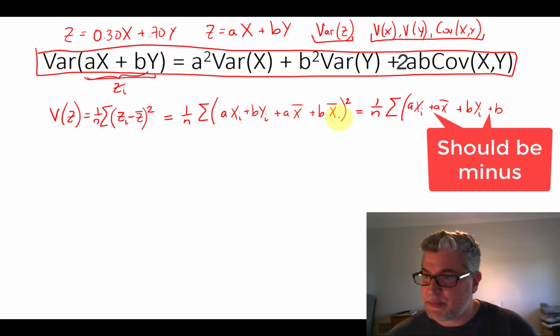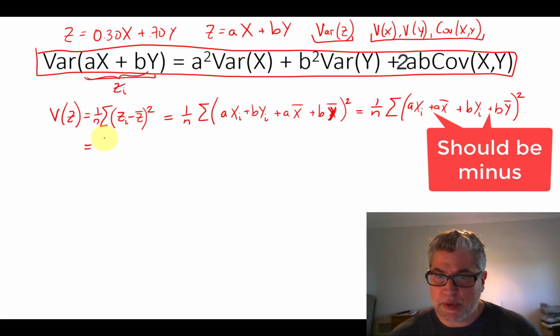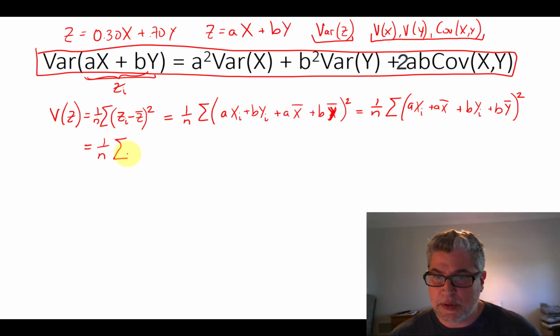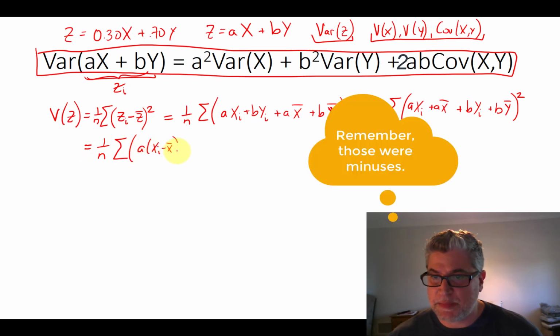Oops, I have a typo here, this should be a y, not an x. Let's pull out those a's because it's a common factor. So we have a times xi minus x bar, and then we can pull out the b from here. And that whole thing is squared.